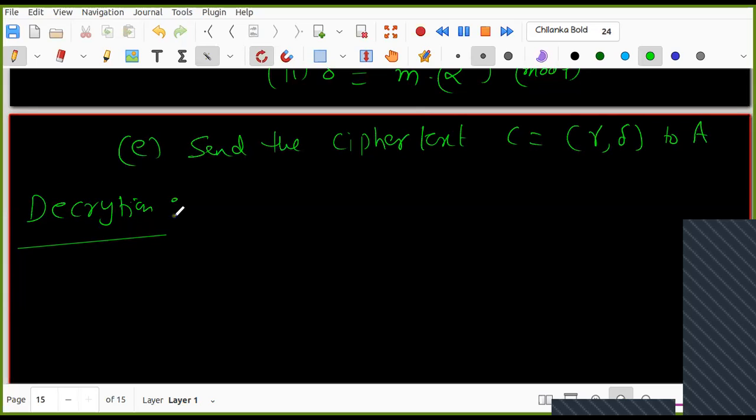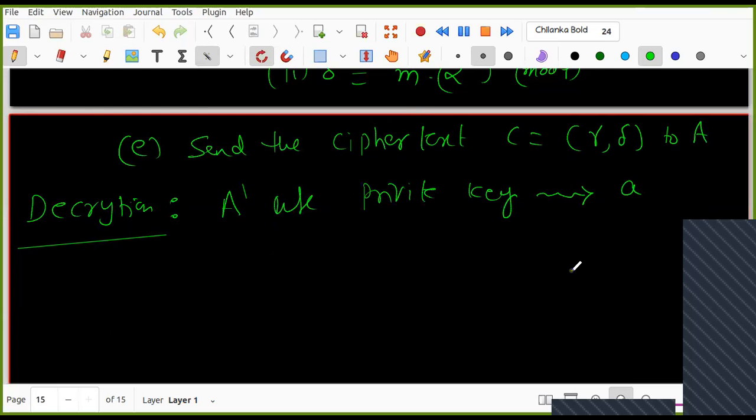Now decryption is simply this. Of course, A uses the private key. What is the private key? Do you remember? A. A, very good. A is the private key, right? What is A again?